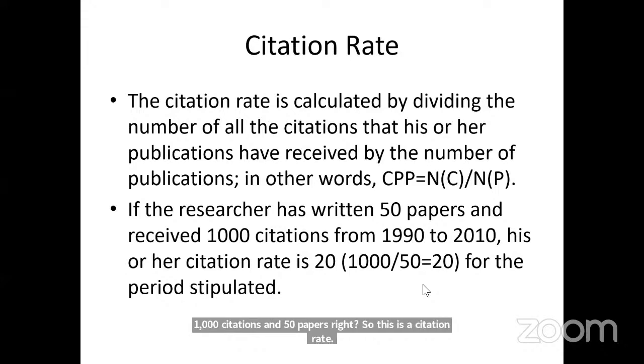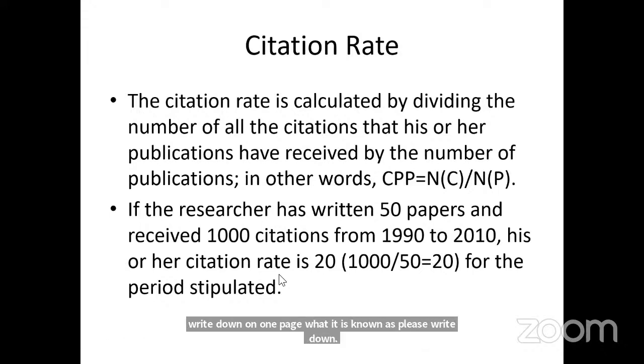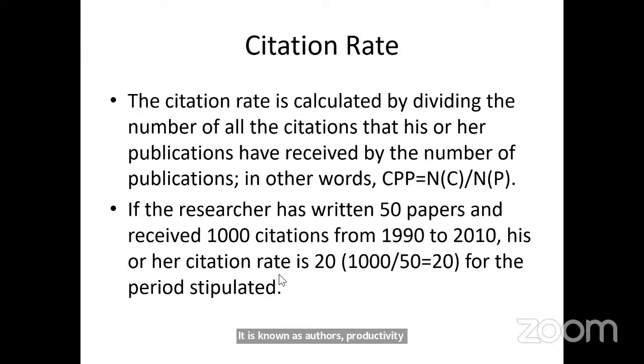This particular thing is known as author's productivity. Please write down on one page what it is known as. It is known as author's productivity. The citation rate in the software is known as author's productivity, right? Let's proceed further.